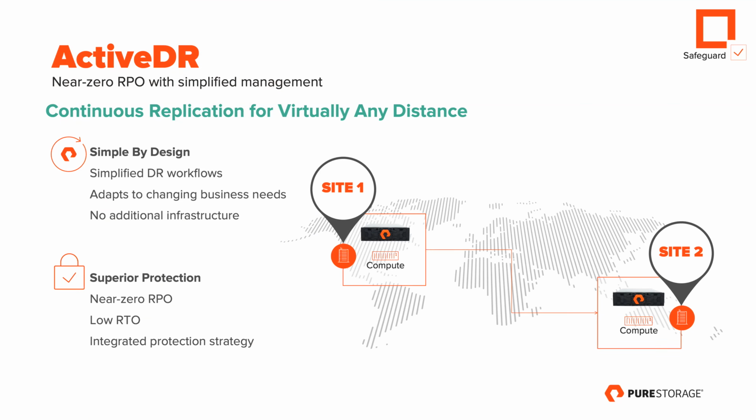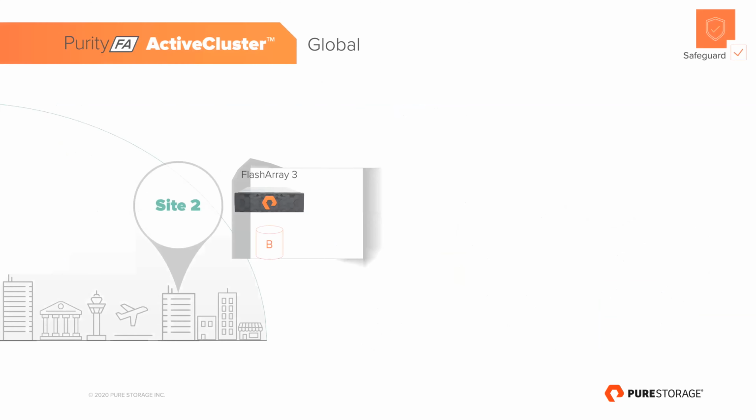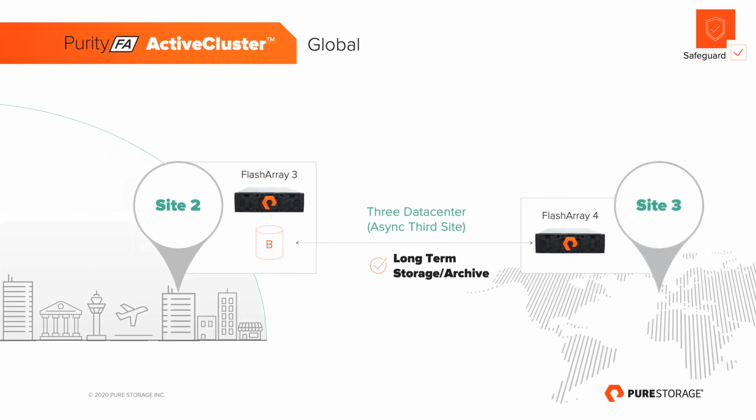So if we have a bigger distance or a different link infrastructure, it's also available to any Pure user right next to synchronous replication. And finally, obviously, the most favorite and most commonly used replication method, which is incremental, block, forever snapshot-based replication. So in other words, asynchronous replication, standardized and available with Pure Storage across the portfolio.